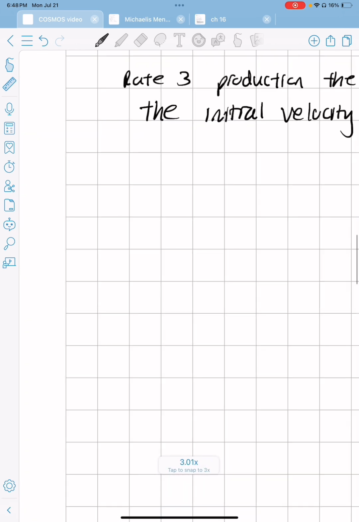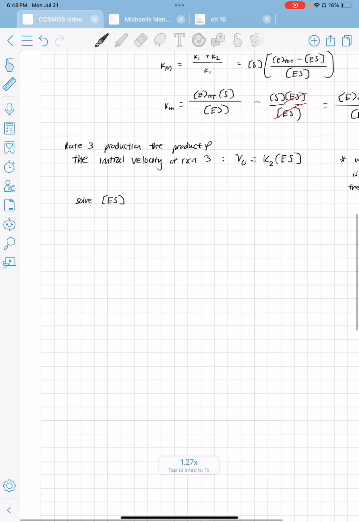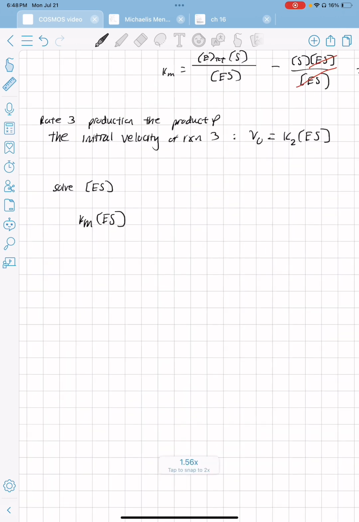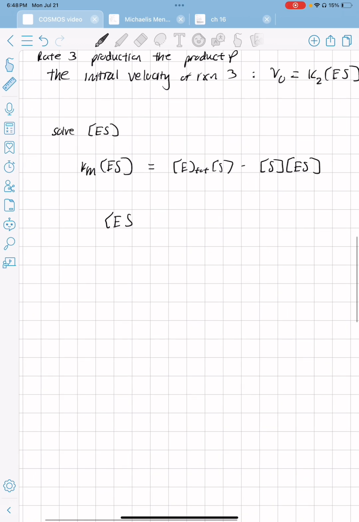So now we're going to solve for the concentration of the enzyme substrate complex. And so now we have Km is equal to the concentration of total enzyme times substrate minus concentration of substrate times enzyme substrate complex. We're going to try and pull this onto one side.